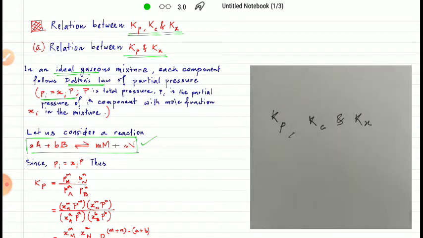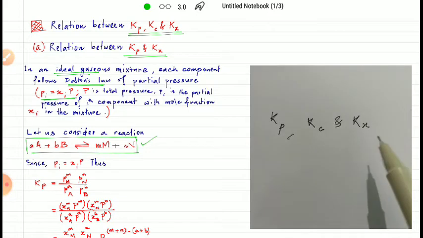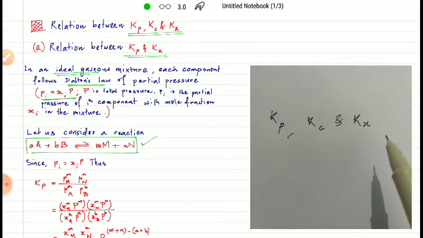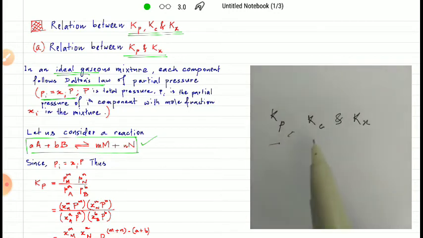And the final one is your Kx, where we use the mole fraction instead of the pressure. Okay, so let us derive the relations between these three forms of equilibrium constants.